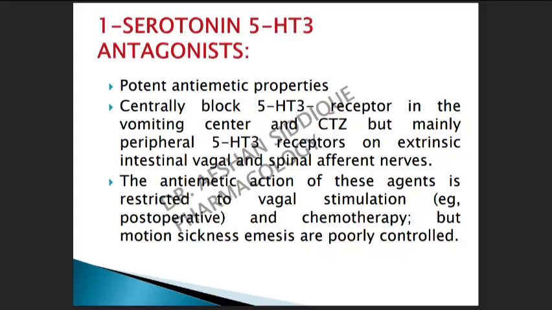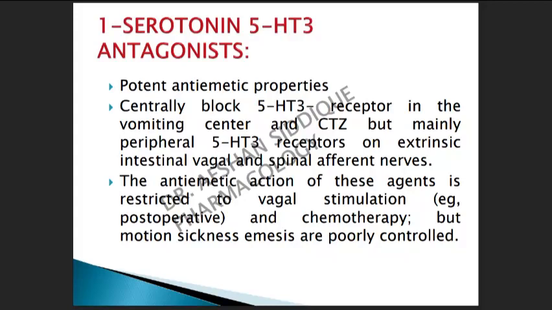Now what is the reason? Because if you recall the picture of the brain in which I gave you the distribution of different receptors at different sites, you can observe that the 5-HT3 receptors are present in the GI tract, in your brain, and in the vomiting center. So once we give this type of medication, it acts to control emesis by antagonizing receptors at all these different sites.